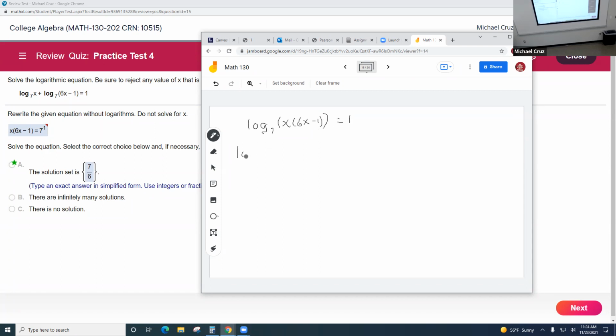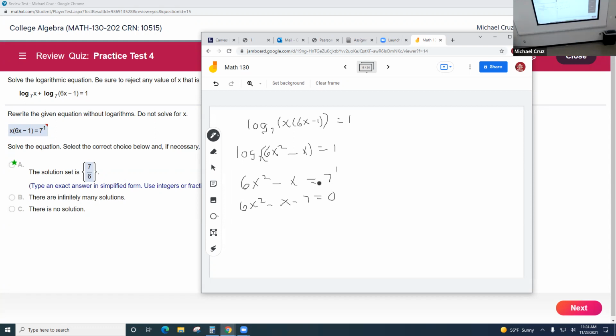So then this is going to be log 7 of 6x squared minus x. So it's base 7. So then 6x squared minus x is equal to 7 to the first power. All we're doing is writing it as an exponent, in exponential form. And so now this is 6x squared minus x minus 7 is equal to 0.